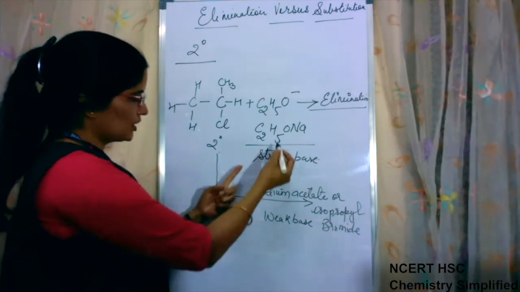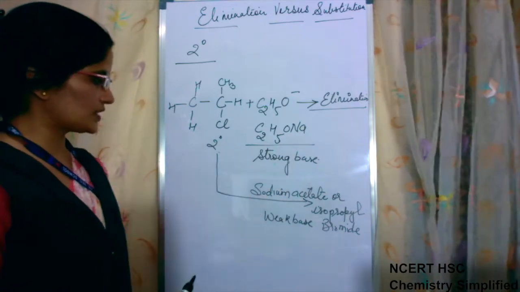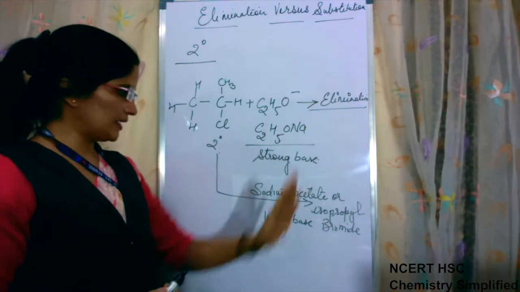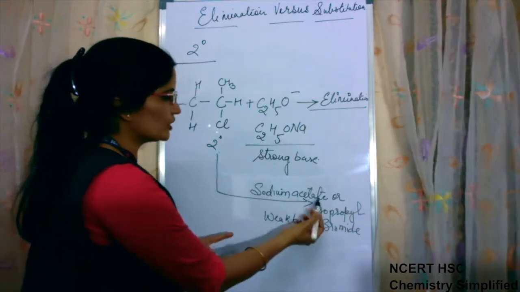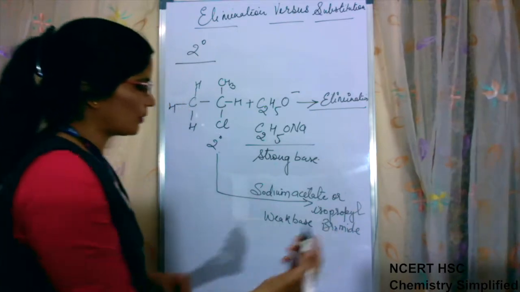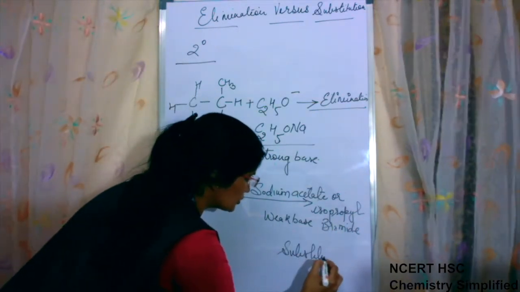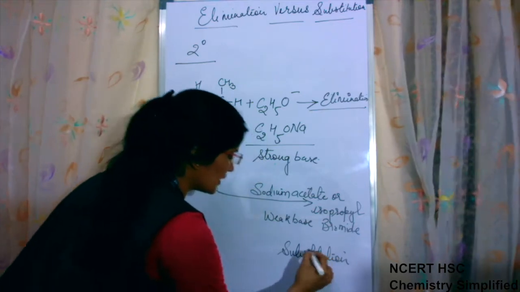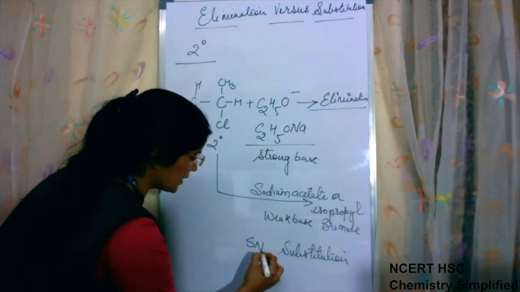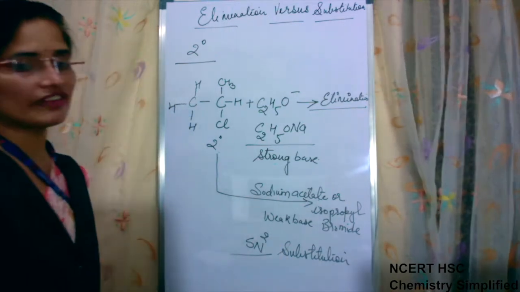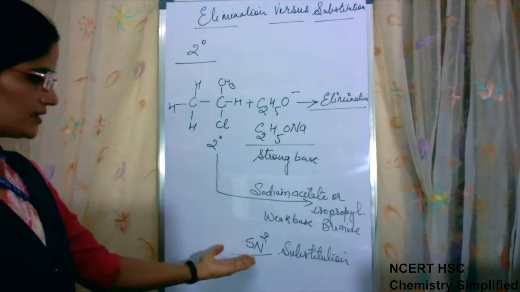So for a strong base with 2 degree, you will remember sodium ethoxide. If it is there, it will be elimination. If with 2 degree we are using a weak base like sodium acetate or isopropyl bromide, then the product will be a substitution product. And for 2 degree also, substitution will proceed by SN2 preferably.